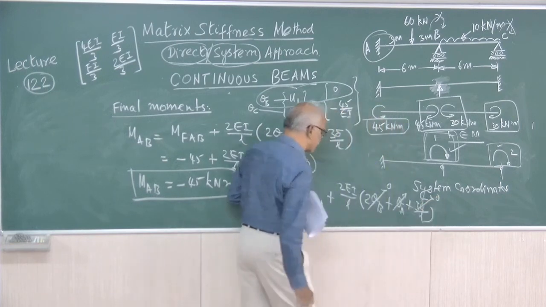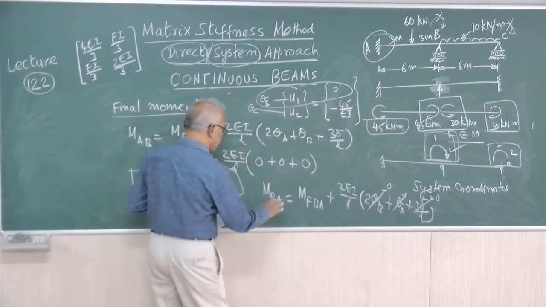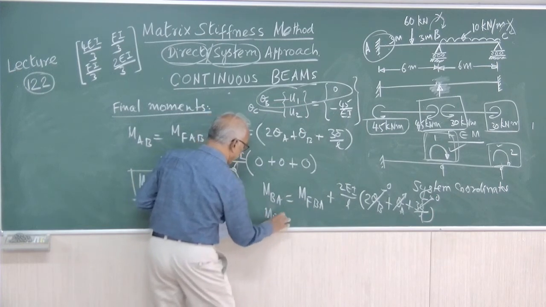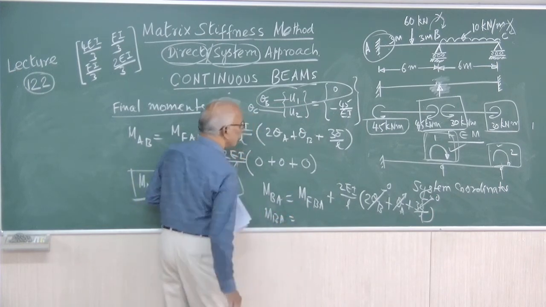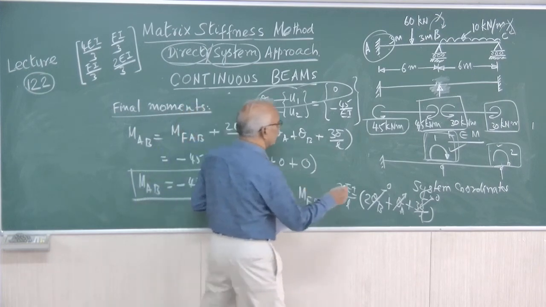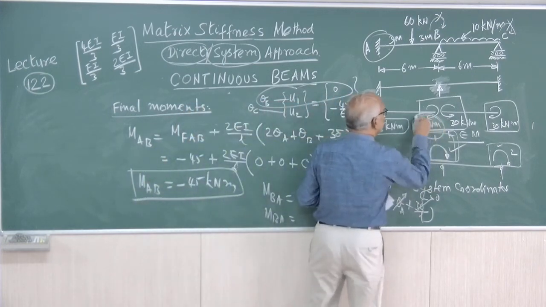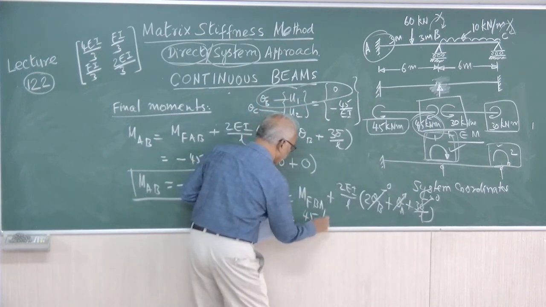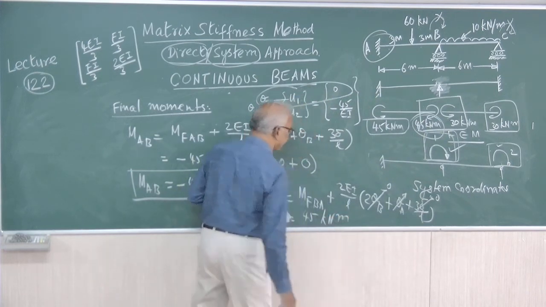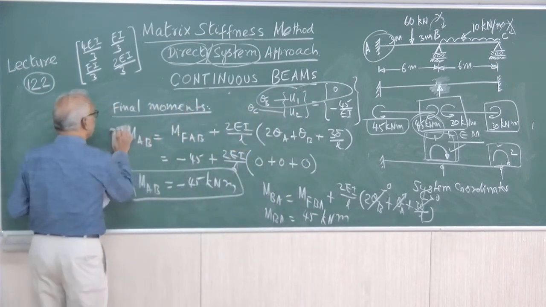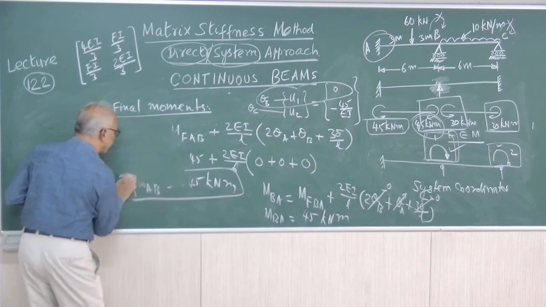Therefore, we need not substitute those values. So, MBA equals MFBA, that is all. MBA equals plus 45 kilonewton meter. That completes the final moments MAB and MBA.